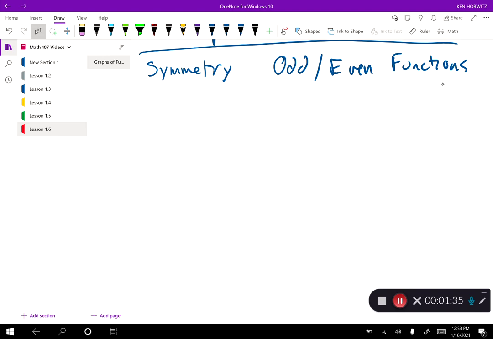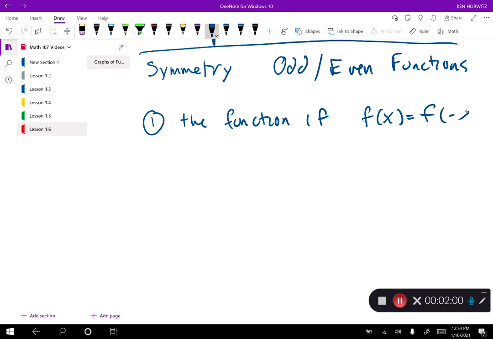Here's another slightly different way to check to see if you have an odd or an even function. So, say the function is even if f of x equals f of negative x.